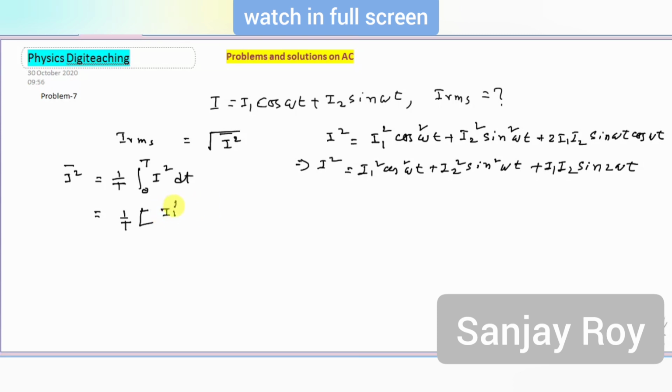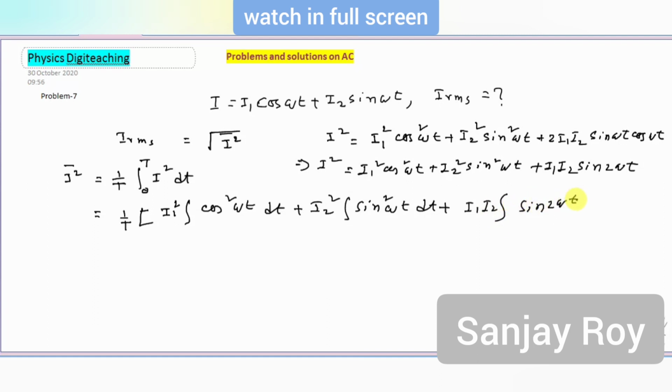I1 square comes out of the integration of cos square omega t dt, plus I2 square integration of sin square omega t dt, plus I1 I2 integration of sin 2 omega t dt, with limits 0 to T.